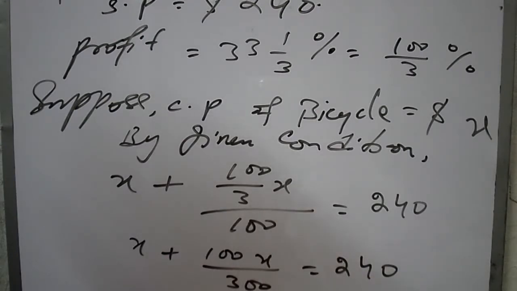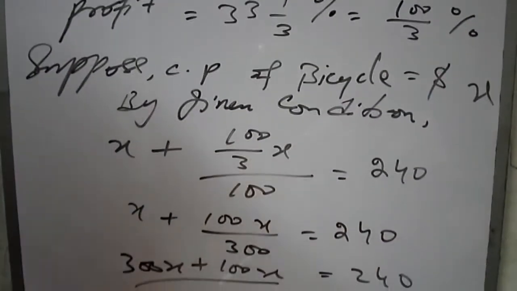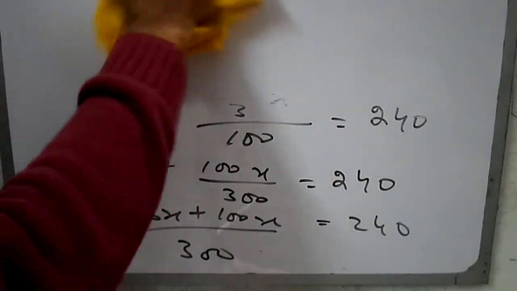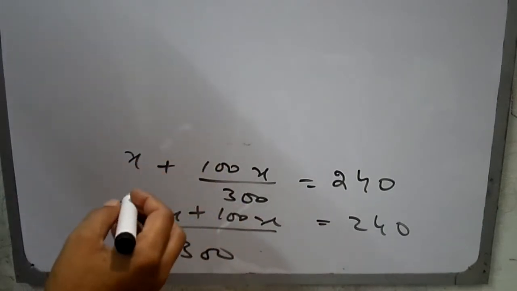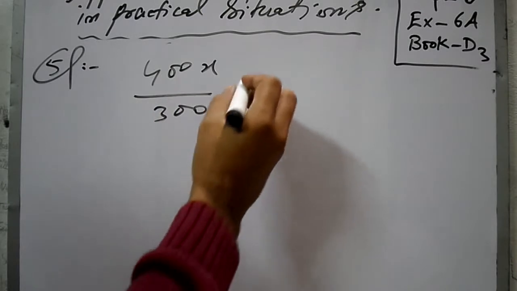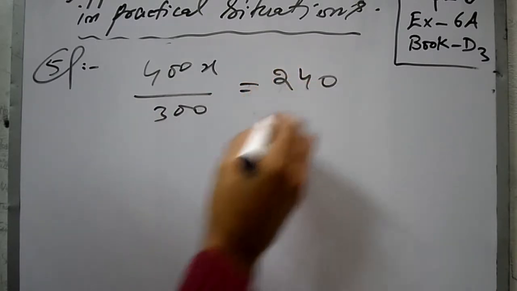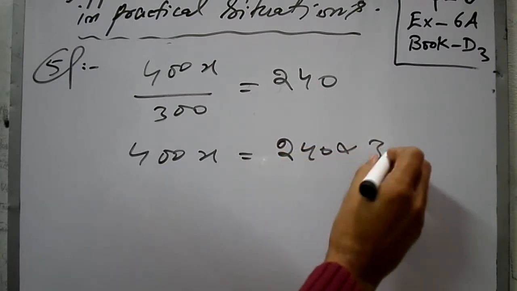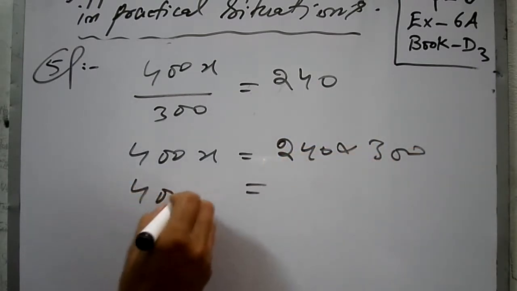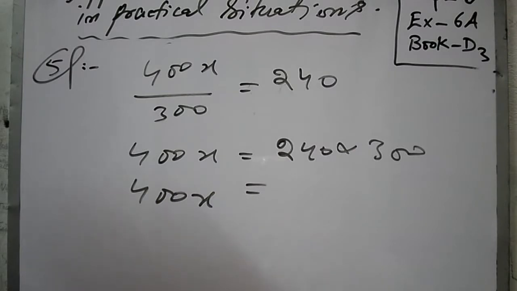By taking LCM, that is 300 is LCM. By using cross multiplication, you will get 400x by 300 equal to 240.